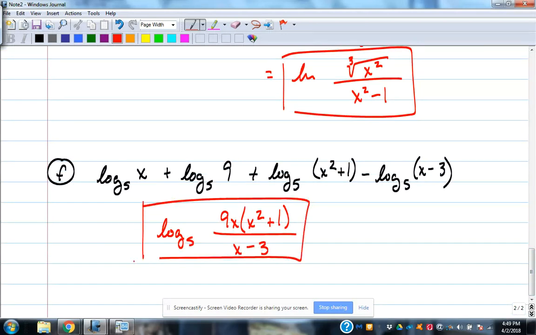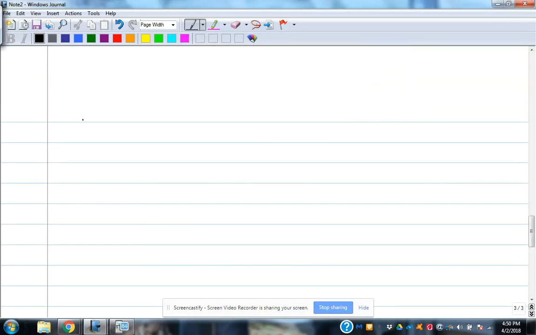We're done. So it's really not that complex. It looks like it's just murder, but it's not. Anything that's positive or has a plus sign in front of it is going to be multiplying. Anything that has a minus sign in front of it is going to be dividing. Subtraction is dividing. Okay? That's what you've got to keep in mind.